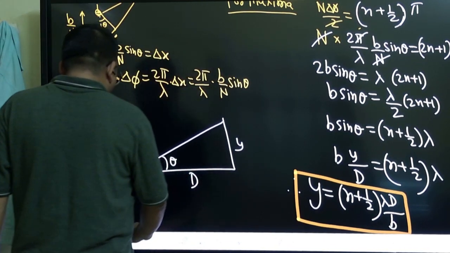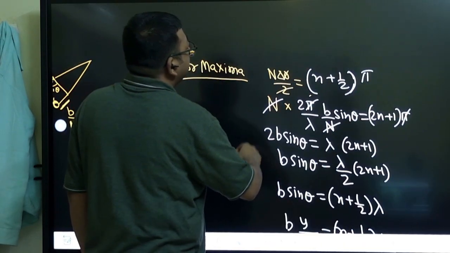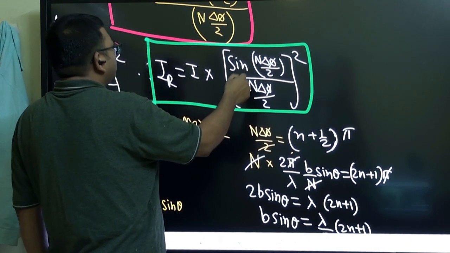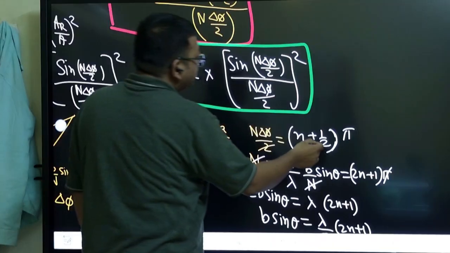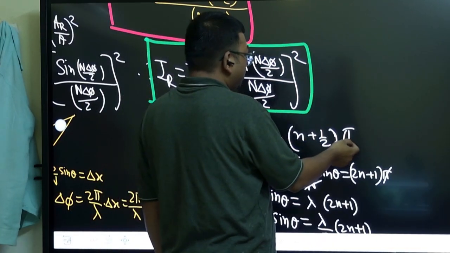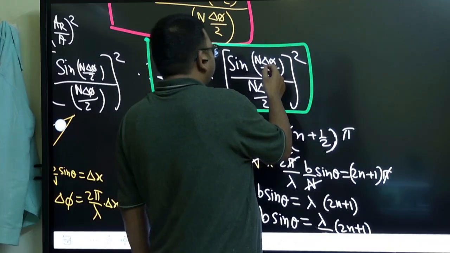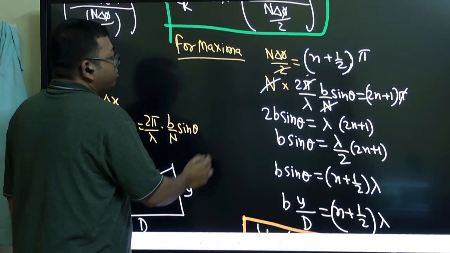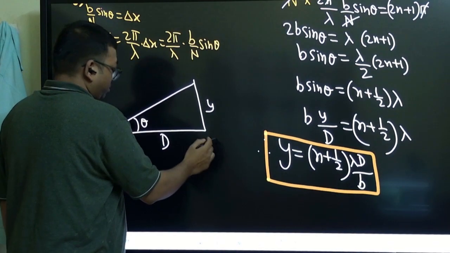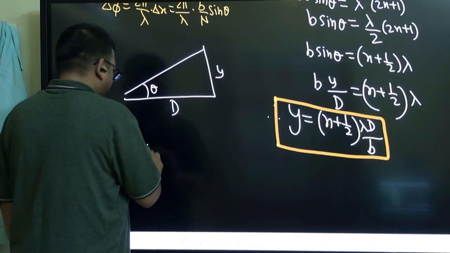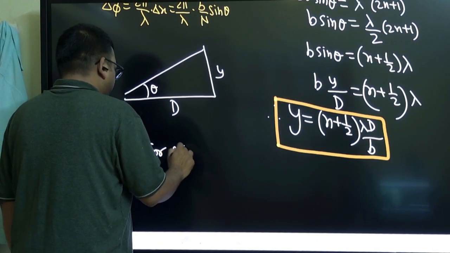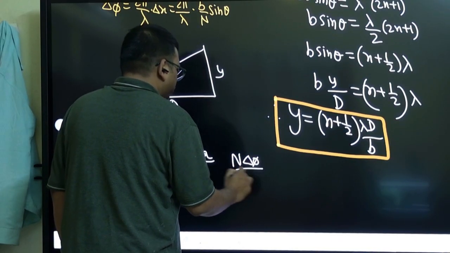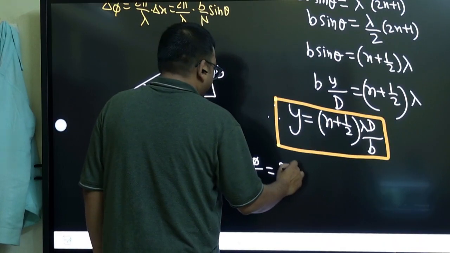Similarly, for the minima formula, sine has to be 0, so for the 0 condition you have to put n pi for minima. So in delta phi by 2 you put n pi, and you will get the result for minima. You can try that. For minima, delta phi by 2 should be n pi.